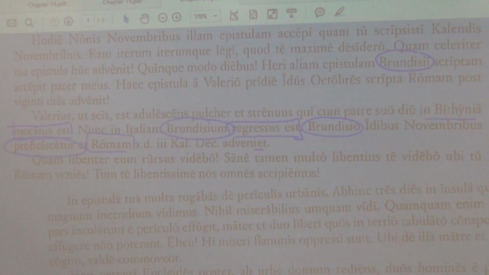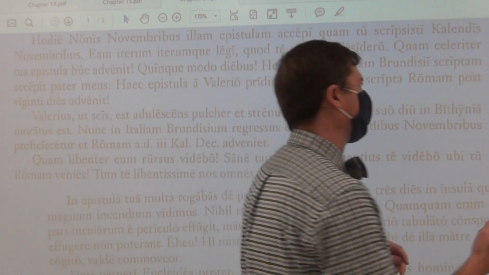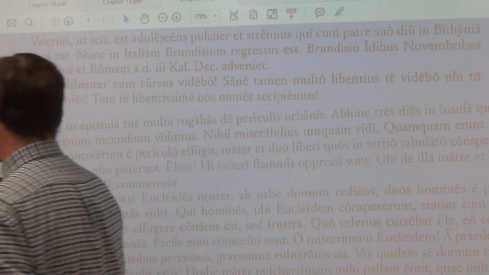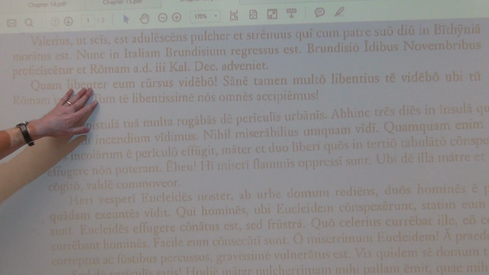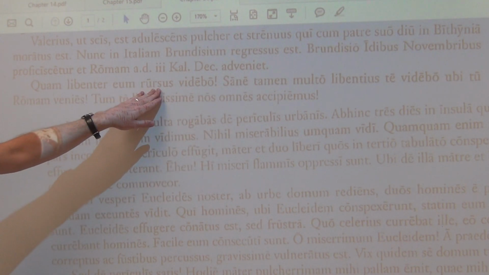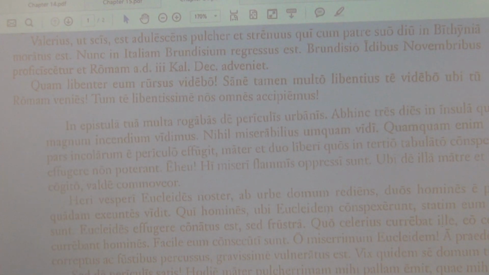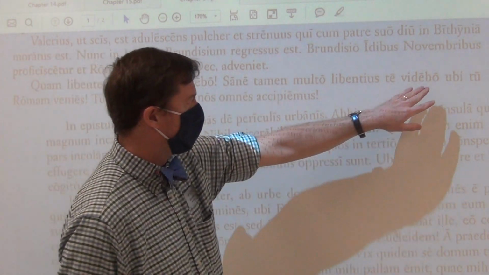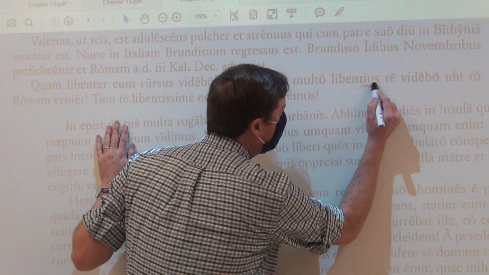Quam libenter. How gladly. Libenter, an adverb, from libens, libentis, as an adjective. So how gladly, again a quam exclamatory, I will see him. Verum means however, obviously, I will see you more gladly.